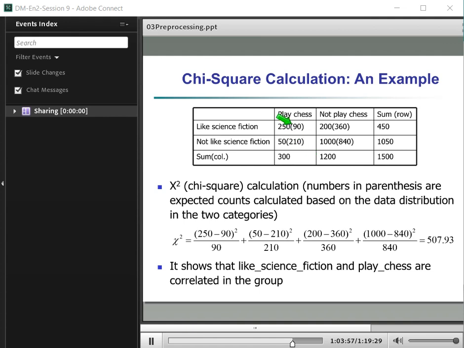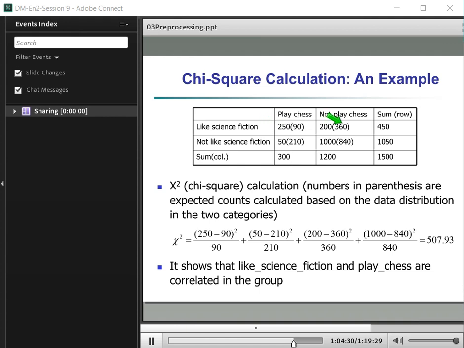Okay. Here in the parentheses, you can see some other numbers. These numbers are expected values. We expect that, for example, 90 of those people that we ask say that they play chess and they like science fiction, but in reality, 250 people say yes to both of those questions.